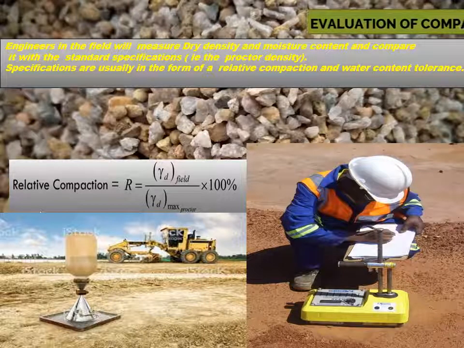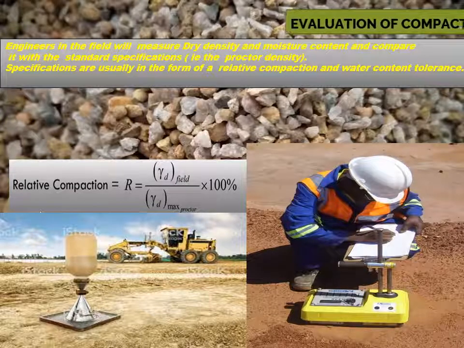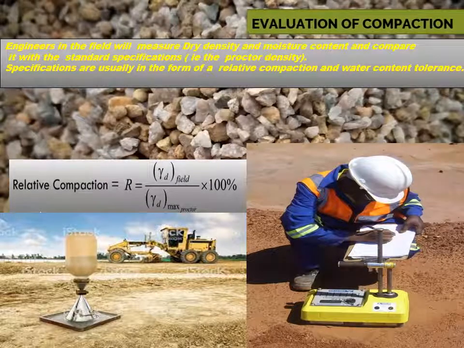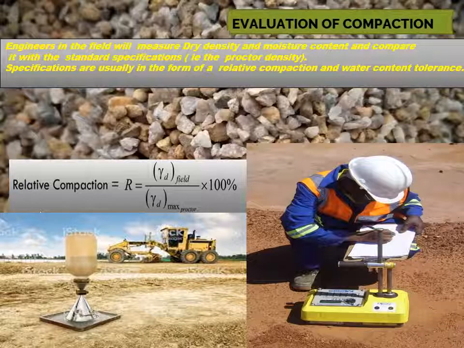That will be the work of the contractor, to achieve the specifications desired by the consultant or the designer. Relative compaction is equivalent to the field density over the maximum dry density obtained in the lab.